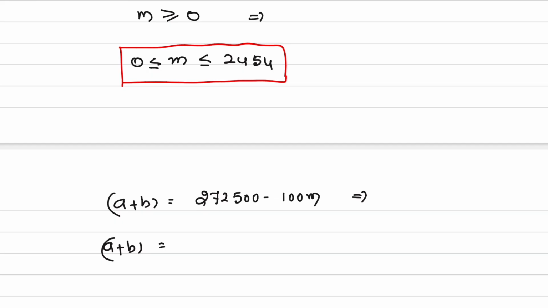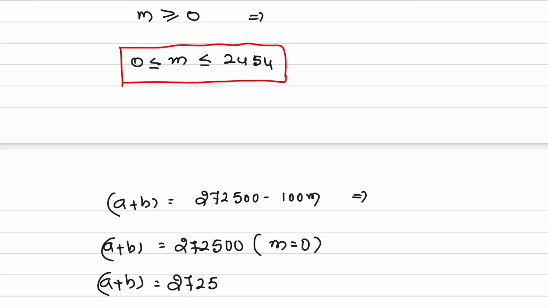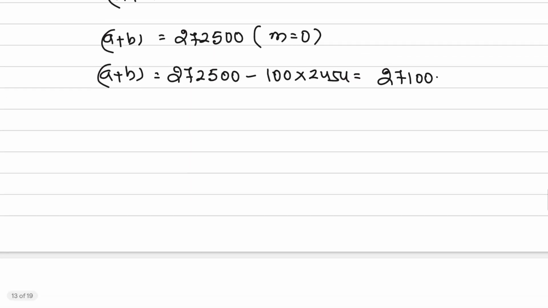M is 0 means 272,500. M is equal to 0 and A plus B is equal to 272,500 minus 100 into 2454, that is 27,100.